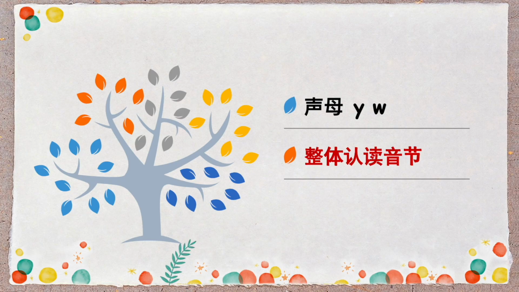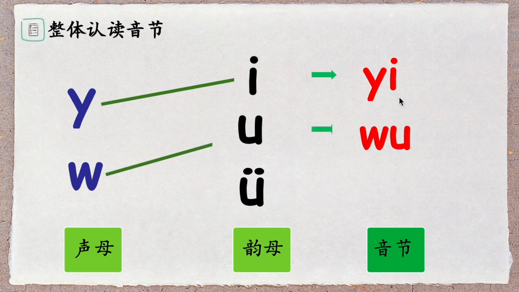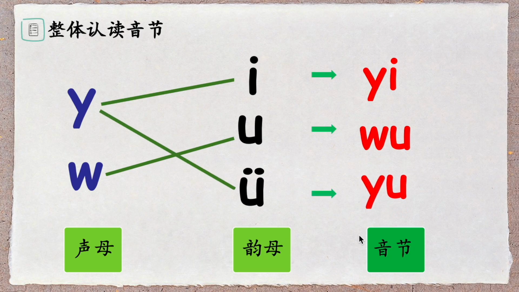For example, initial I plus final I, we just read it as I. U plus U, we just read it as U. I plus U, we just read it as Yu.